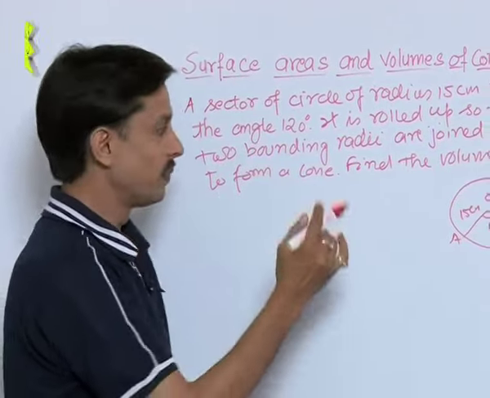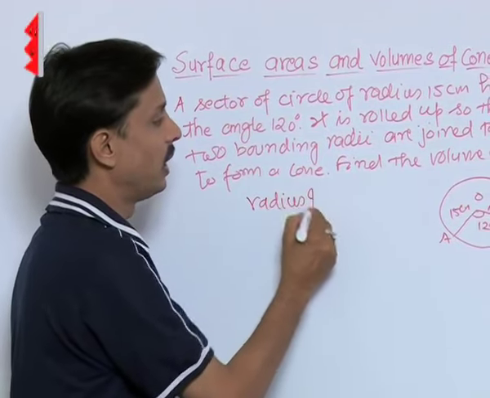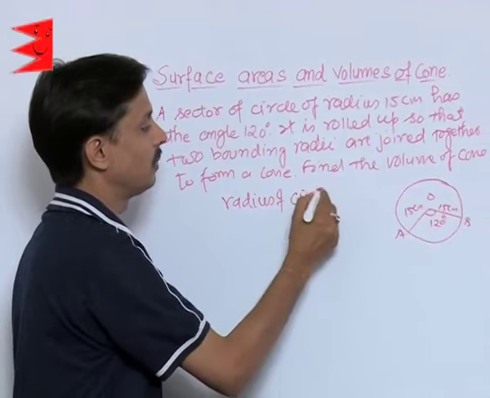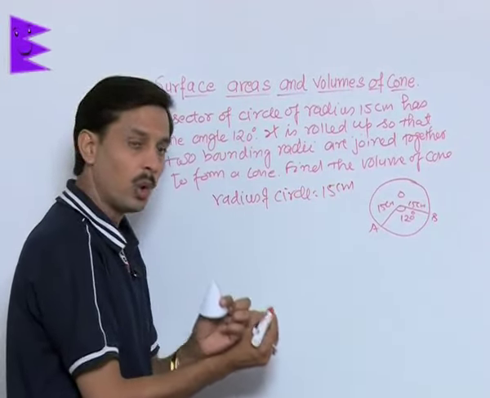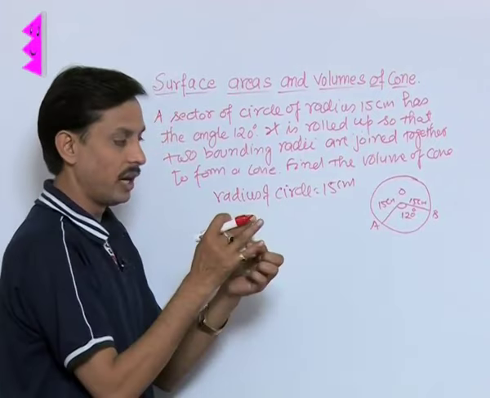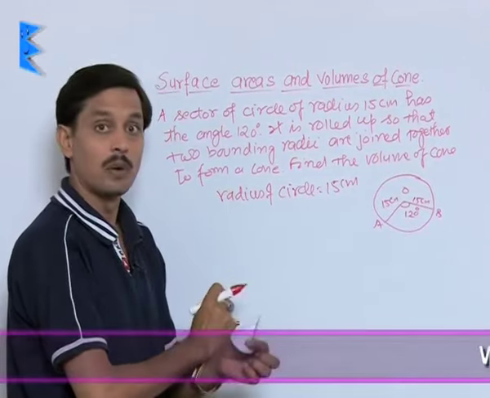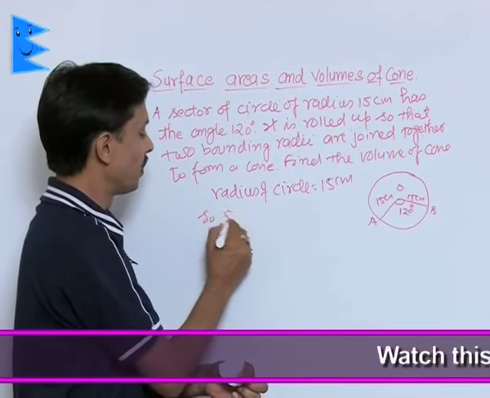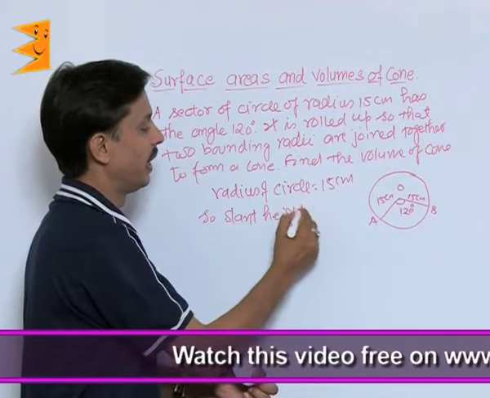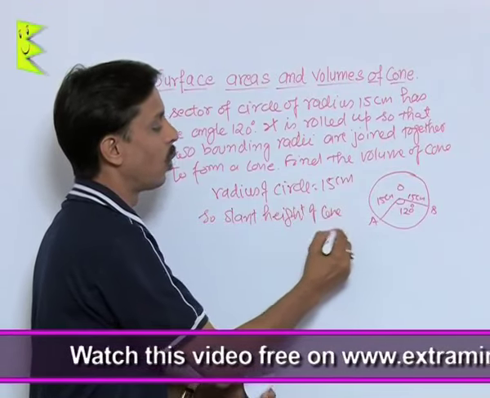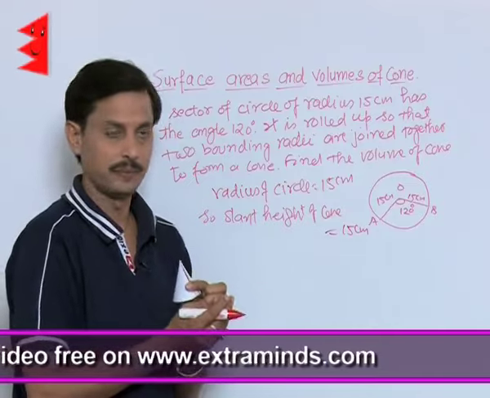You can see here the radius of the circle is 15 centimeter, and you know that the radius of the circle converts into the slant height of the cone. So slant height of the cone is equal to 15 centimeter.